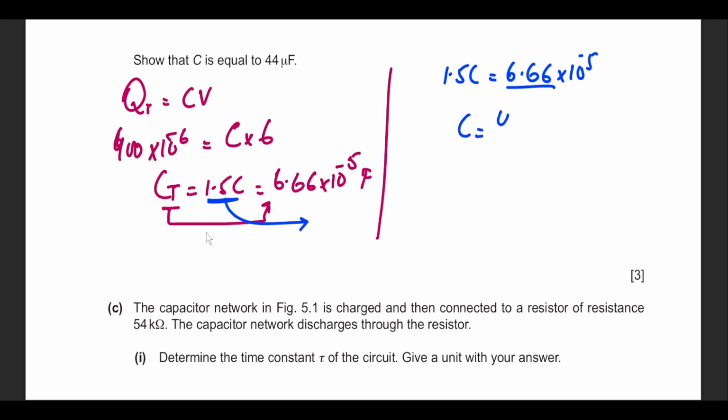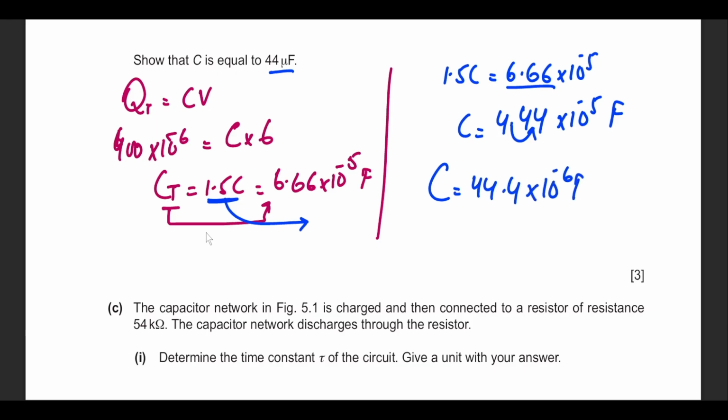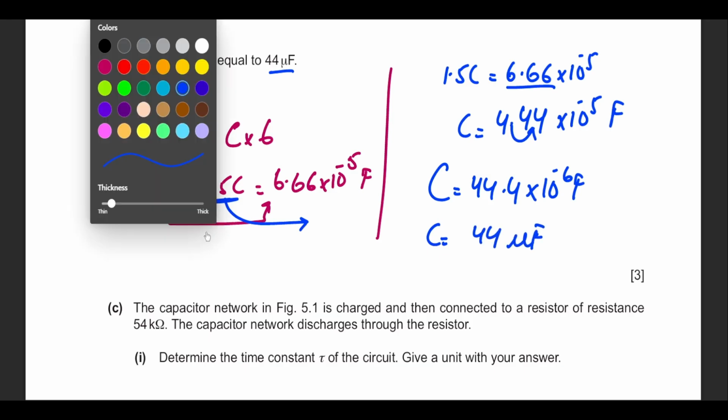This leads to 4.44 into 10 raised to the power minus 5 farads. Now, since it's asking us about micro, you push a button and you get to micro by moving a decimal place here. So this C is equal to 44.4 into 10 raised to the power minus 6 farads, which of course becomes 44 microfarad as asked by the examiner for us to show.